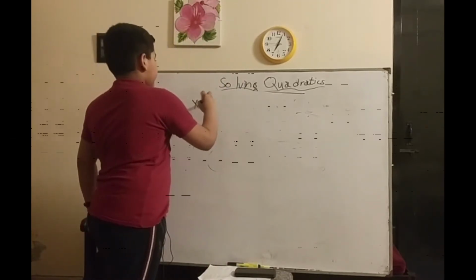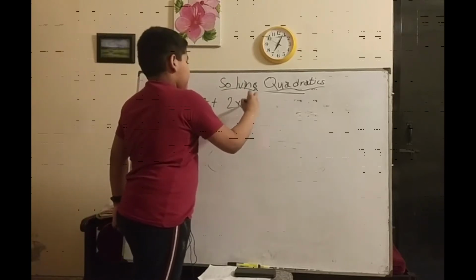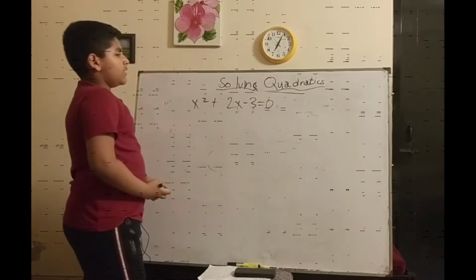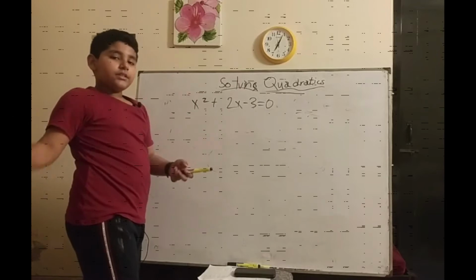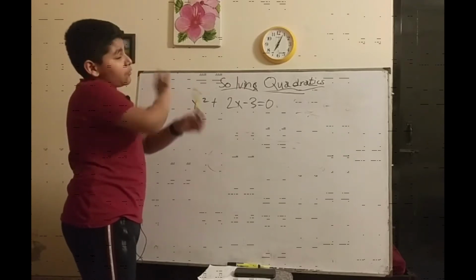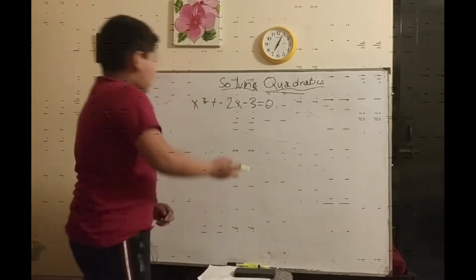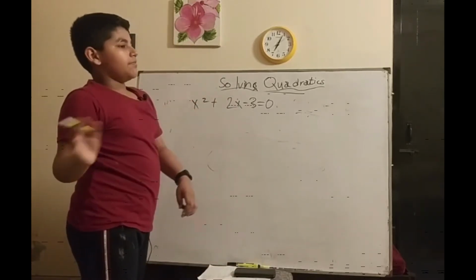We have x squared plus 2x minus 3 equal to 0. Now this quadratic formula would be used for any quadratic, not just when factoring and completing the square is impossible.